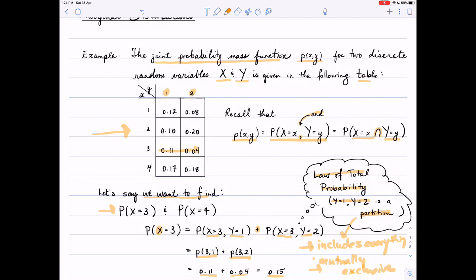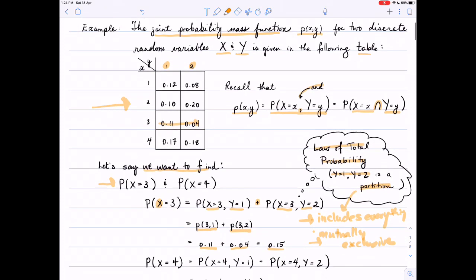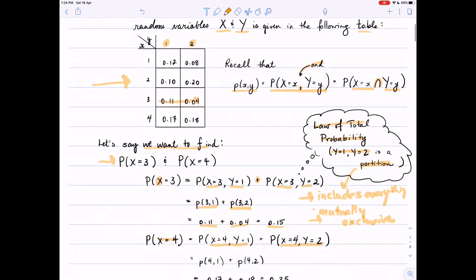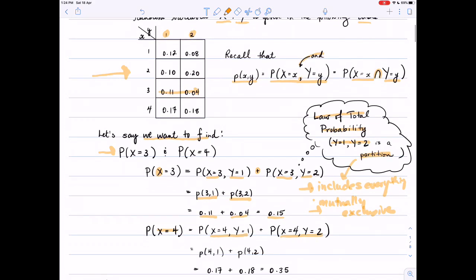And so we'll do the exact same thing for p of X equals 4. Right? There's only two possibilities. X is 4 when Y is 1, and X is 4 when Y is 2. And so we add up those guys again, and we get 0.17 plus 0.18 is 0.35, right?